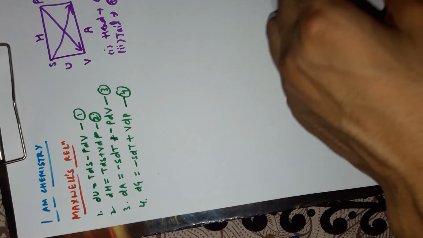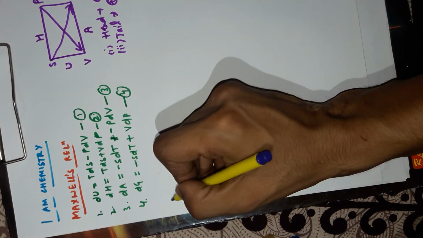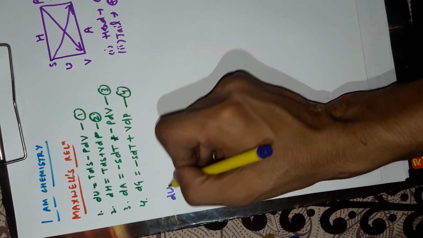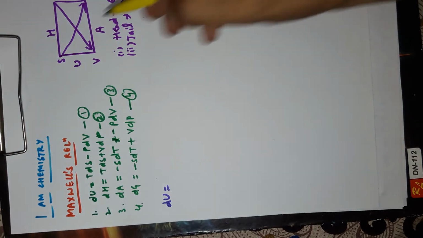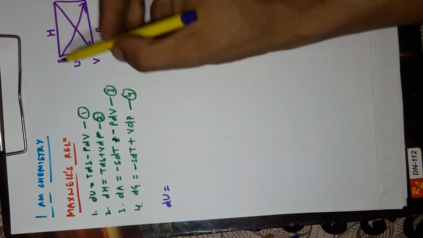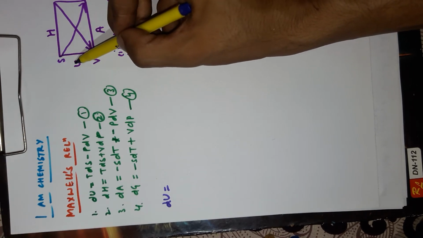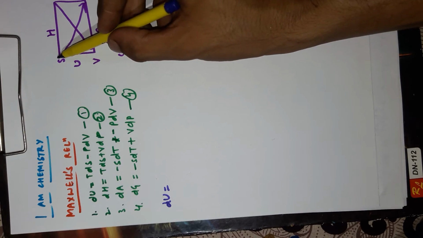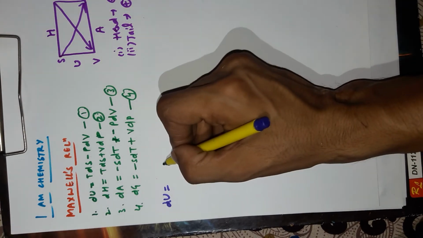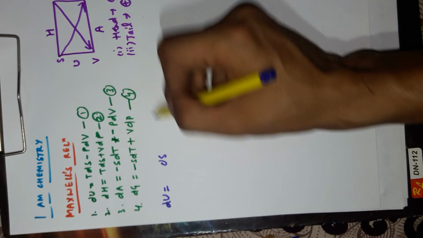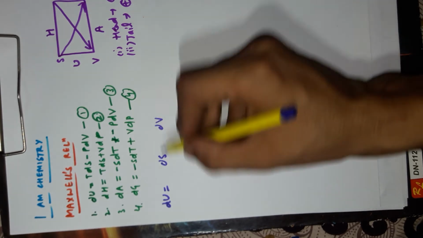First of all, let's calculate for dU, which is change in internal energy. For this we have to go through the line where U is written. Those two are written as dS and dV, change in entropy and change in volume first of all.